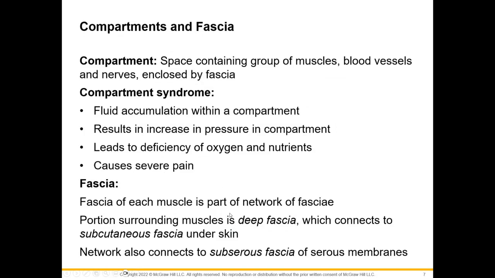The fascia of each muscle is part of a network of fascia. A portion surrounding the muscle is a deep fascia, and this connects to the subcutaneous fascia under the skin. The network also connects to subserous fascia of the serous membrane.